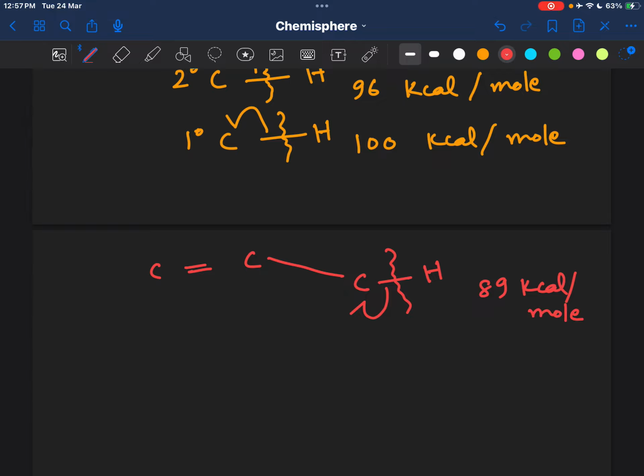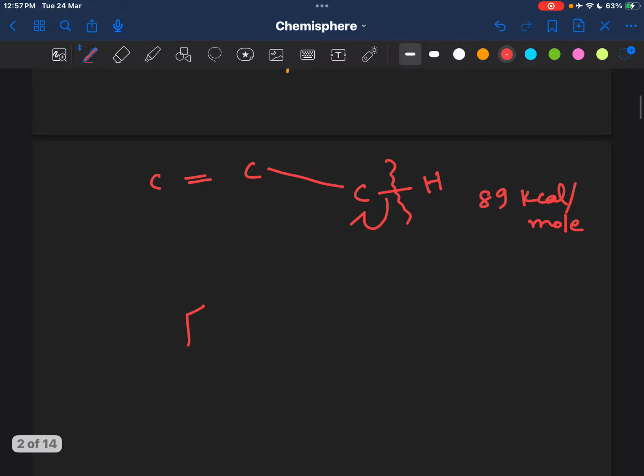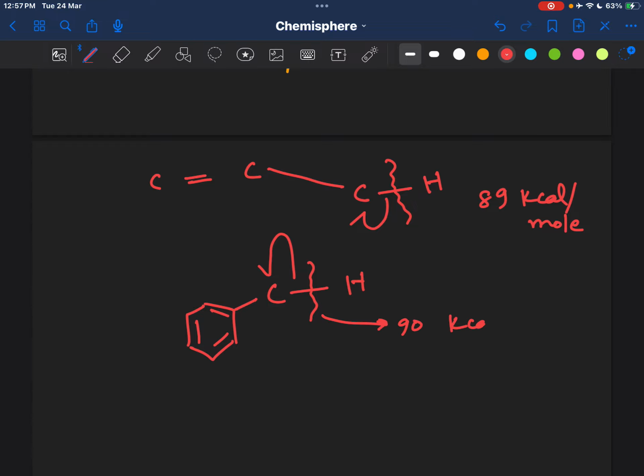And if we have a benzylic C-H, that is a benzene ring and a carbon attached to a hydrogen, if you want to break this and create a benzylic free radical, the energy required is 90 kilocalories per mole.